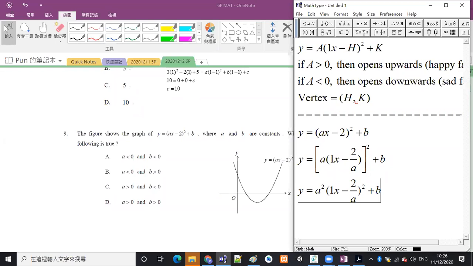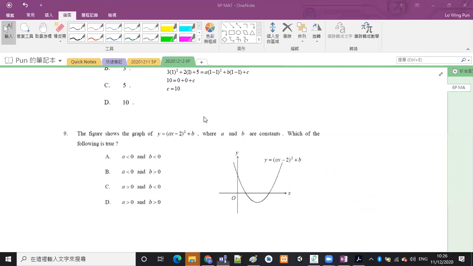Okay, and now can you see that we have got the a value is equal to a squared. Okay, and we have got the h value is equal to 2 over a. And we have got the k value is equal to b. It's okay? And now we can find the corresponding information from the graph.